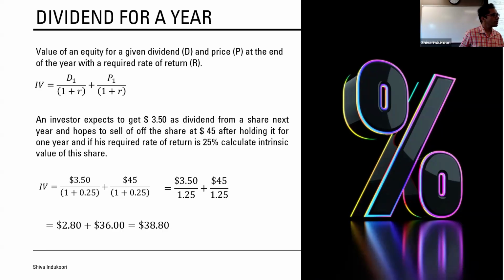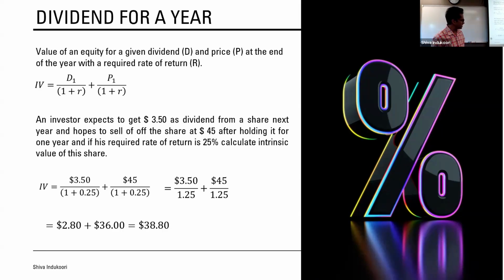Yeah, you don't buy. Go back to our formula. The fair value is less than the market value. Okay, so the market value is overvalued. The market value is more than the value which we calculated. It is overvalued.